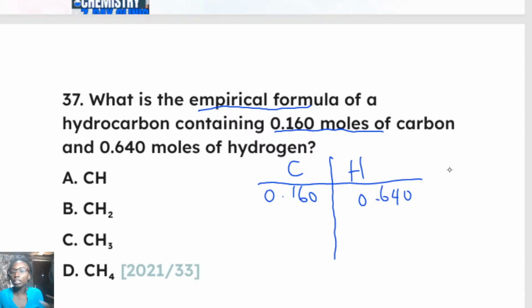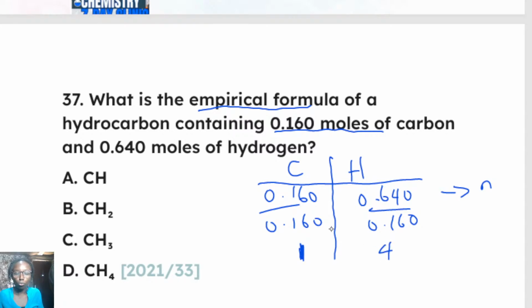Now, because they've already given us n, the number of moles, we can just go ahead and find the simplest ratio by dividing by the smallest value. If we divide by the smallest value, this will give us 1, and this will give us 4.